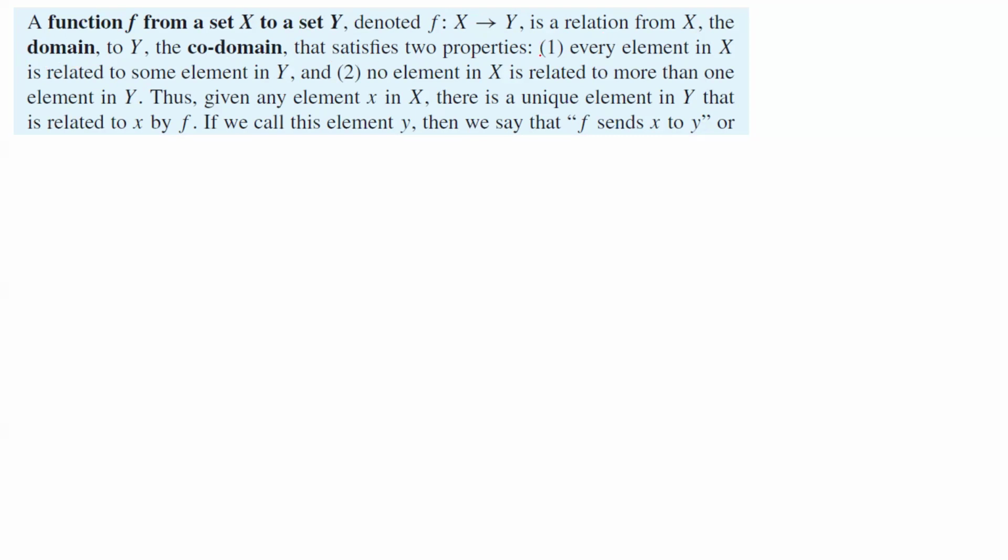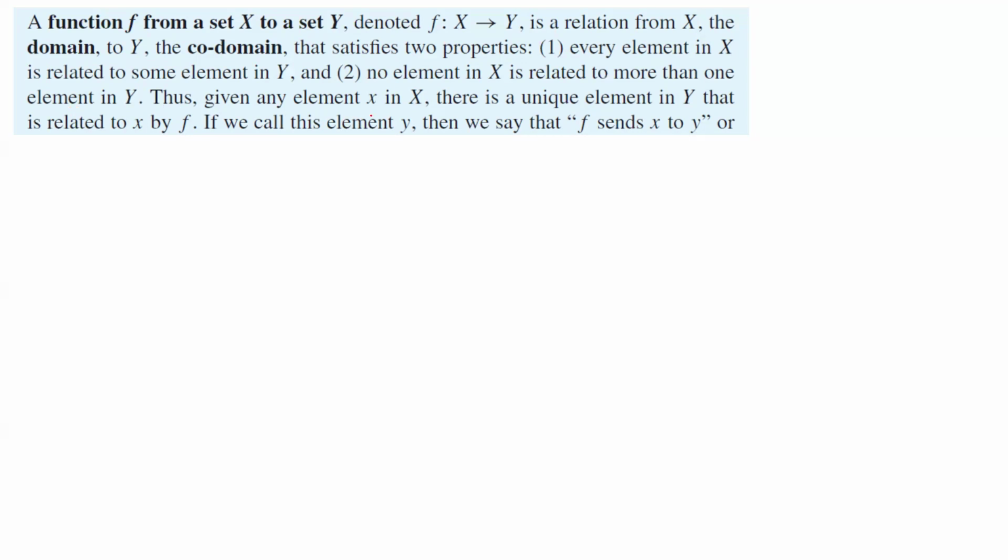It satisfies two important properties as a function. First of all, every element in X is related to some element in Y. So it's not exactly all of Y. And two, no element in X is related to more than one element in Y. So you have uniqueness as well.